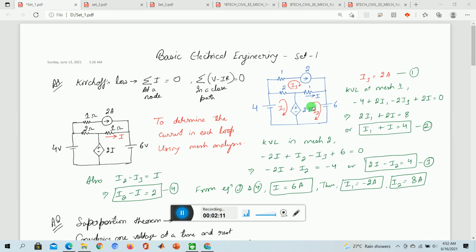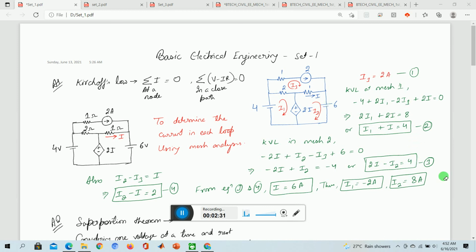In mesh 2, the first encounter is minus, then you have 1 ohm multiplied with (I2 minus I3), I2 minus I3, then plus 6 is equal to 0. Substitute the I3 value and you will get an equation like this.